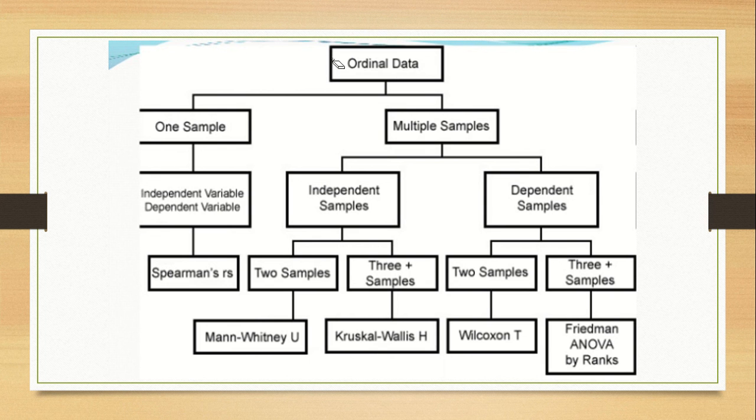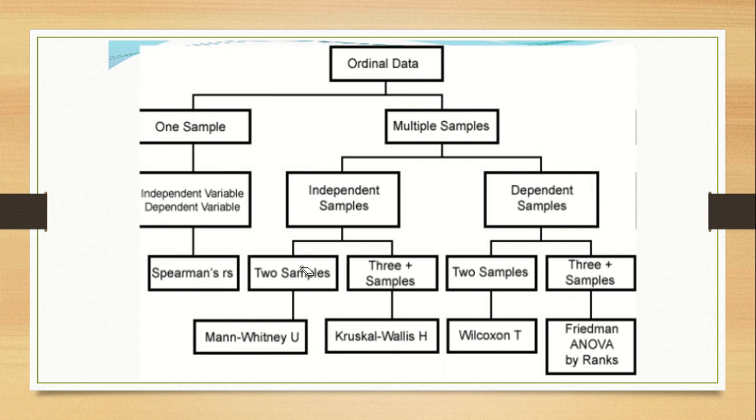Okay, so here are the choices. If we have ordinal data, we have to say if we have one sample and determine if it has a dependent variable. In this case, we use Spearman's r. Or if it has multiple samples, we have two options here. We have to see if it has independent samples.